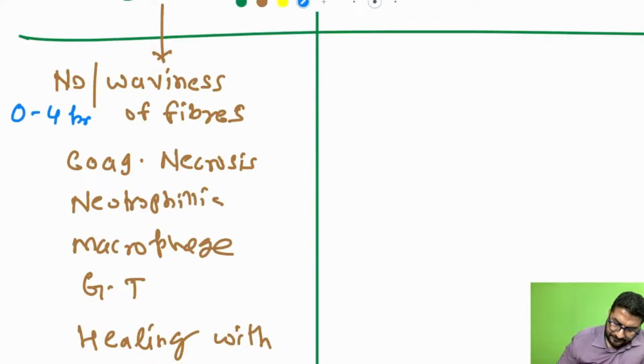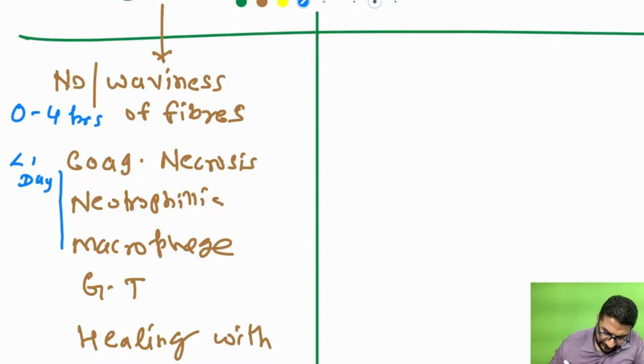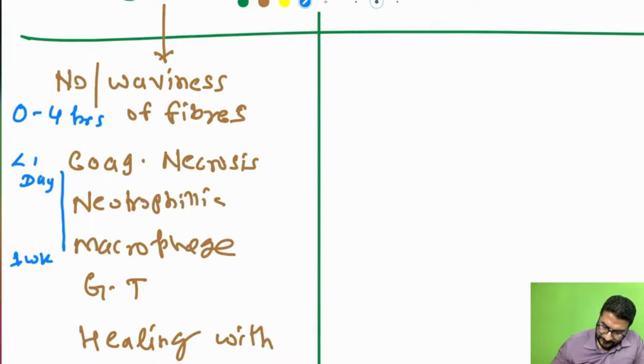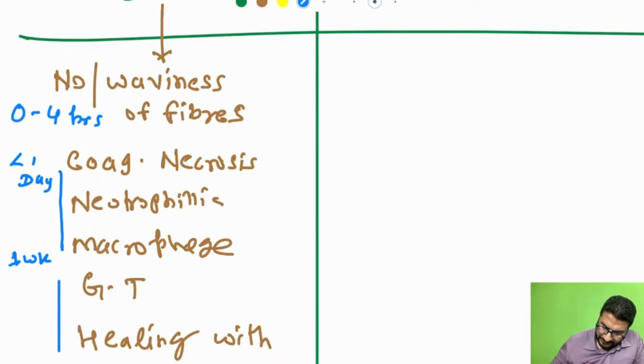Then from 4 to 24 hours, in less than 1 day, you notice coagulative necrosis. Then these are the changes from 1 day to 1 week, till macrophage. Macrophages generally come on the 5th to 7th day. And these are the changes which will occur from 1 week to 1 month.